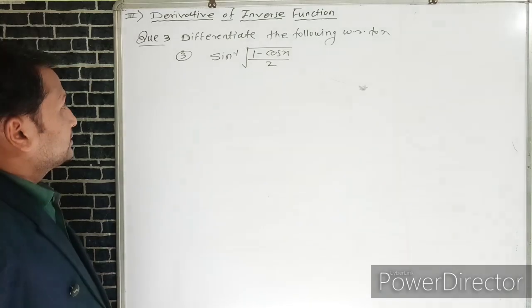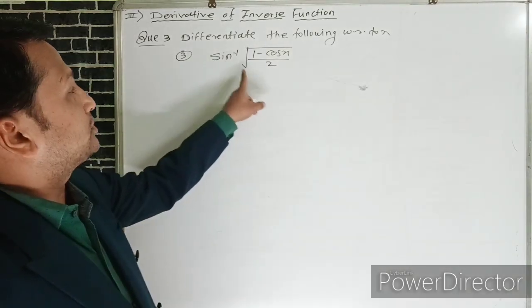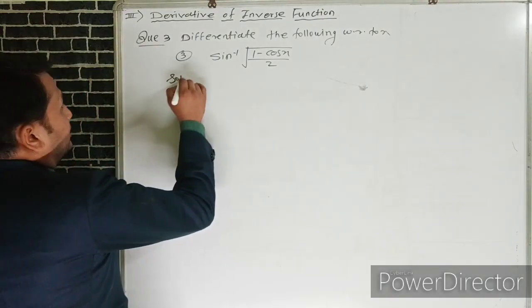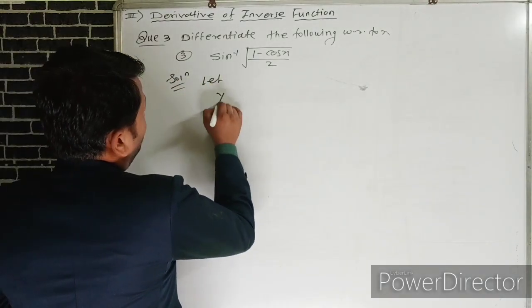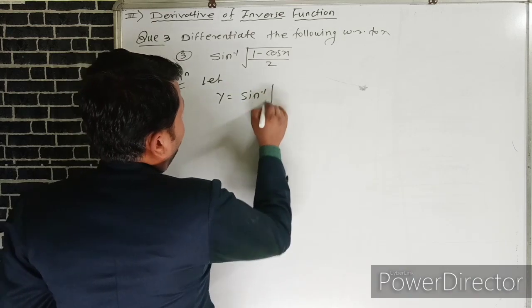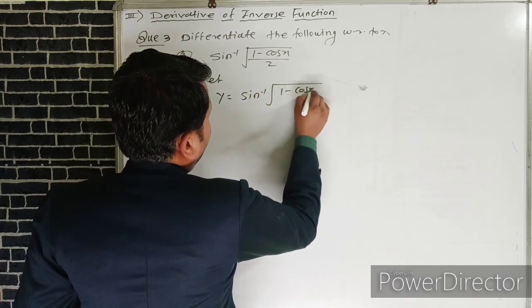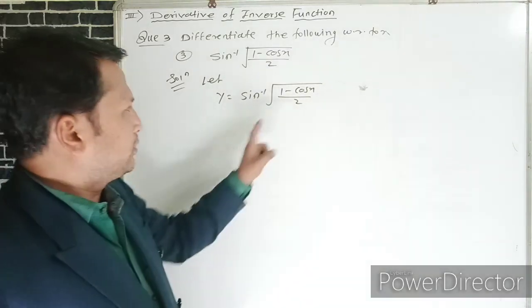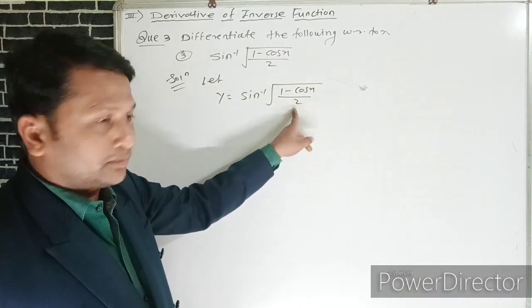Next one, number 3 is sine inverse of under root of 1 minus cos x upon 2. First we consider the given function y is equal to sine inverse of under root of 1 minus cos x upon 2. In an inverse trigonometric function, we convert the whole terms into sine terms.